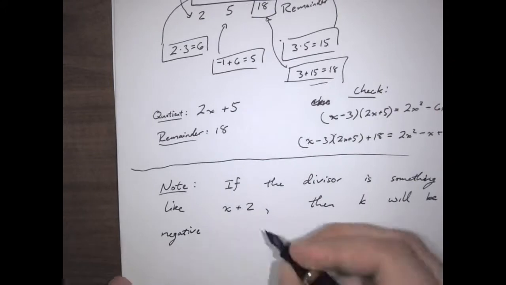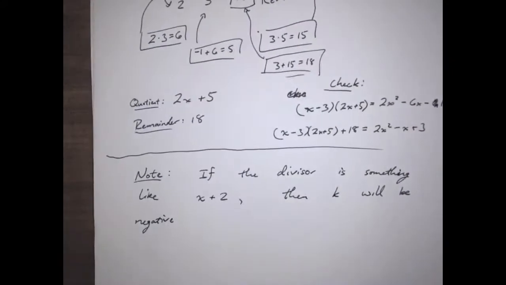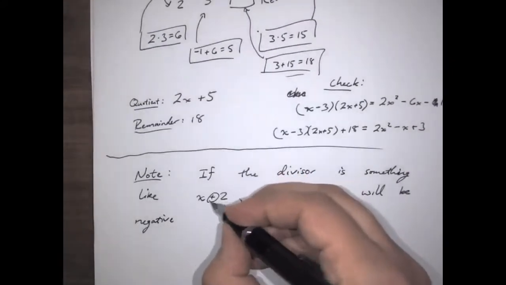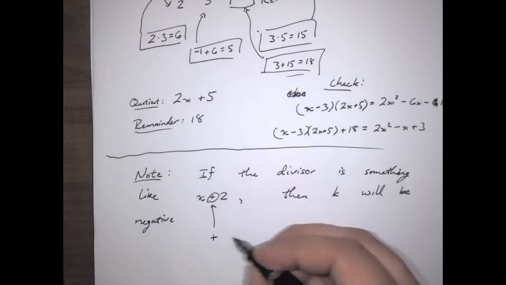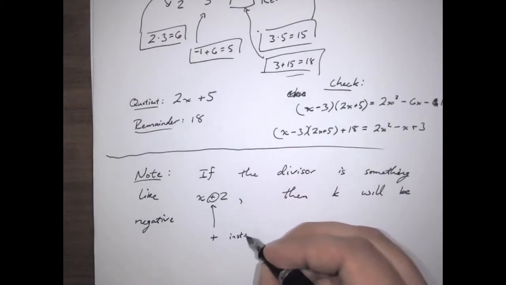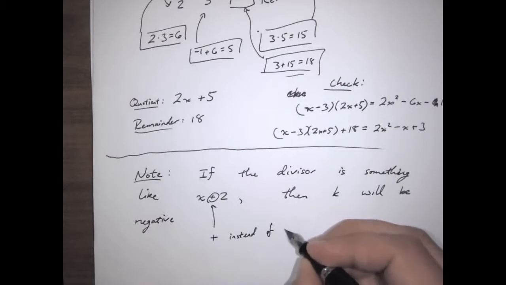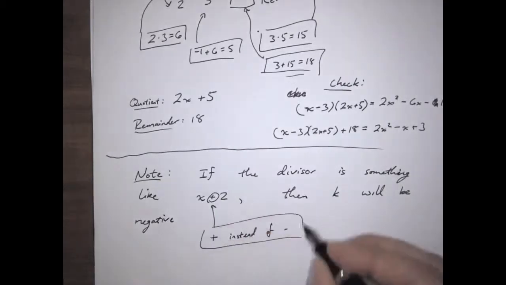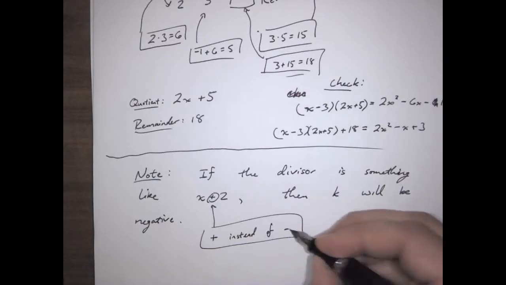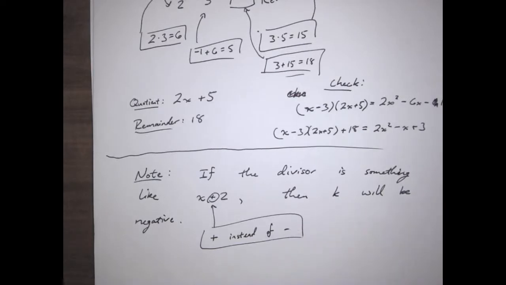And the reason is, it's supposed to be x minus k, and we fell short of that by having x plus something. So the k will be negative.